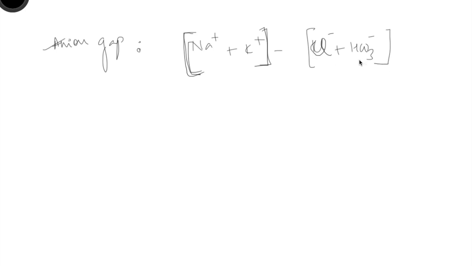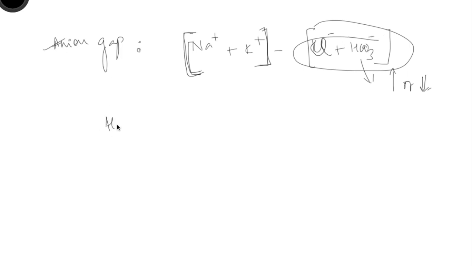Now what really happens is, in acid base imbalance, the bicarb is the one which is getting affected. It may increase or it may decrease depending upon whatever type of imbalance there is. Now once the HCO3 value reduces, what happens to anion gap? When this factor reduces, the anion gap increases.